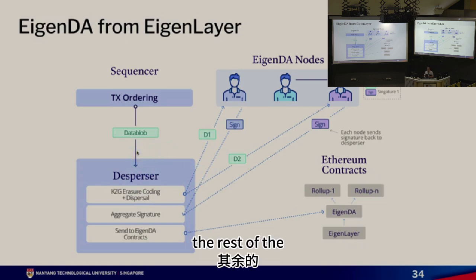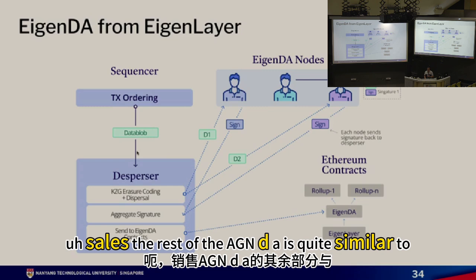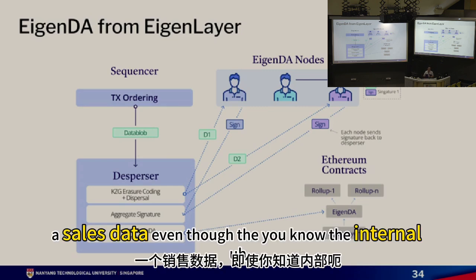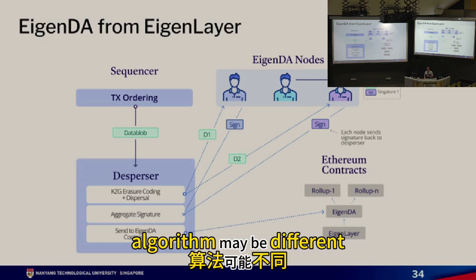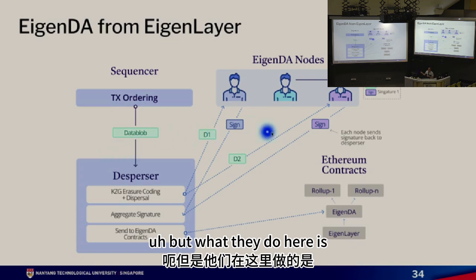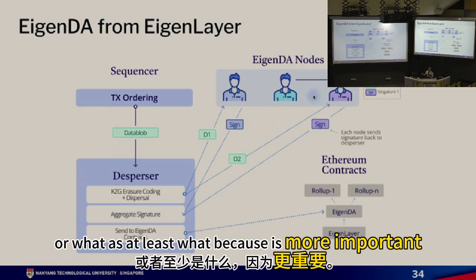The rest of the Eigen DA is quite similar to Celestia DA, even though the internal algorithm may be different, but the high level is quite similar. But what they do here is more important, or at least what we call more important.